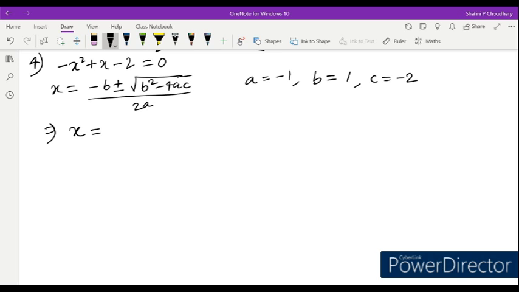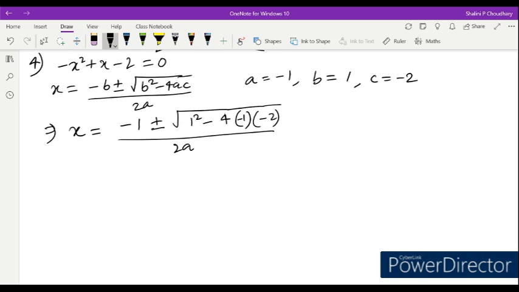So we'll get minus b, so minus 1 plus minus square root of b square मतलब 1 का square minus 4 into a into c divided by 2a. So this will be minus 1 plus minus square root of 1 minus, and minus minus plus होगा, so minus 4 into 2 will be 8, divided by 2 into a, अच्छा 2 into a का value is minus 1, so it will be 2 into minus 1, and that will be equal to minus 2.